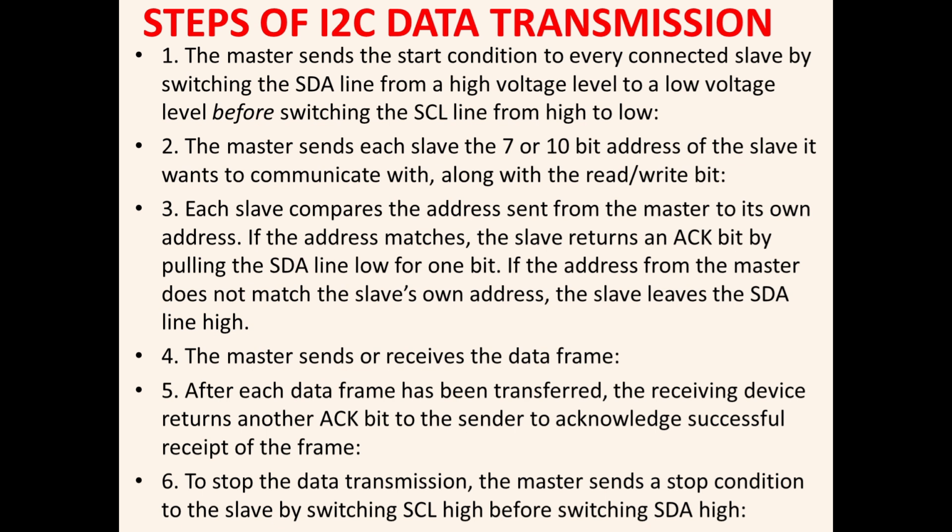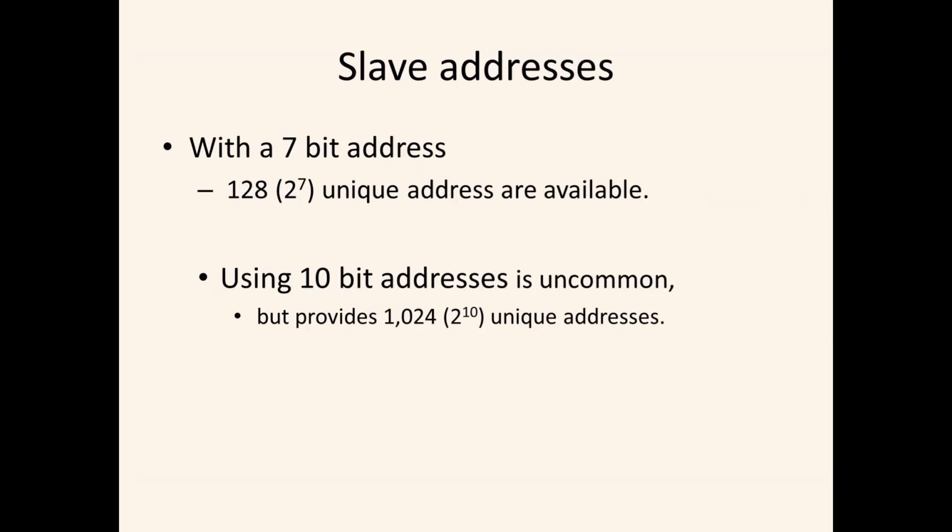In this way, I2C transmission can be established with the SDA and S clock pins. As I told you earlier, the 7-bit slave address will generate unique addresses, 2 to the power 7, nearly 128 addresses.